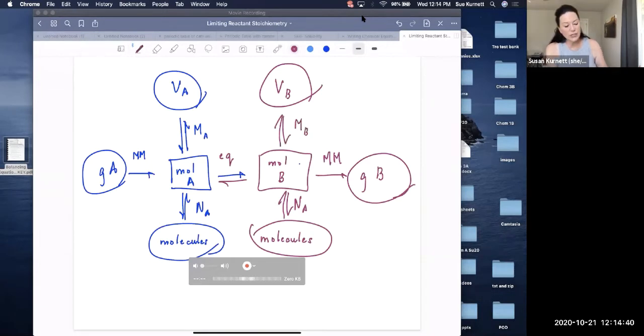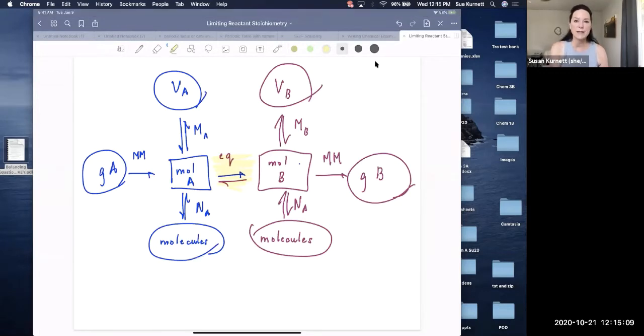But the thing I want to show you is there's several ways to get from kinds of A to moles of A. But the only way to get from A to B is through the stoichiometry step, using the balanced chemical equation. Now, sometimes when we have two reactants, we have more of one than the other. We have more than we need to produce the product.